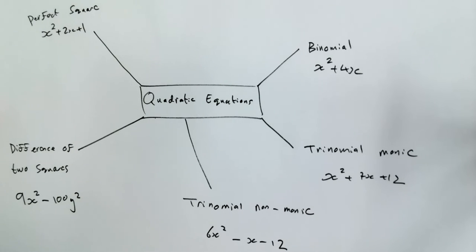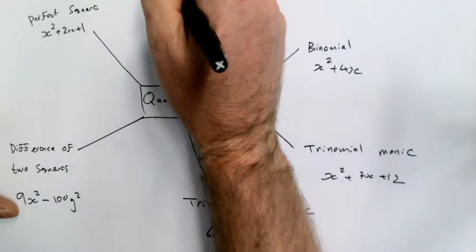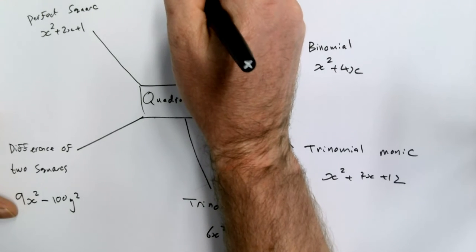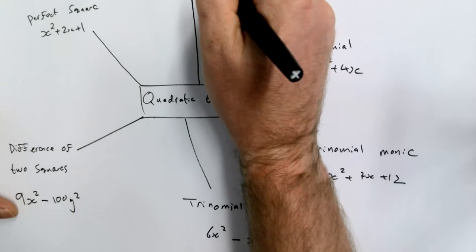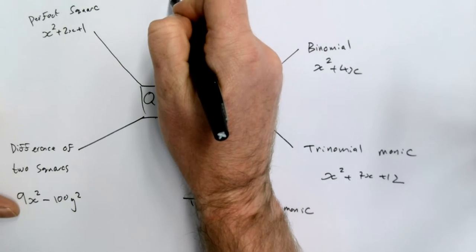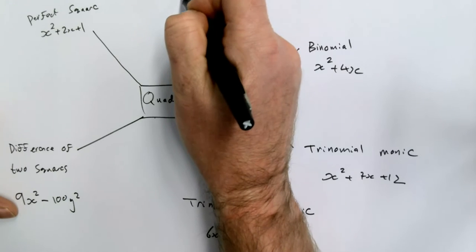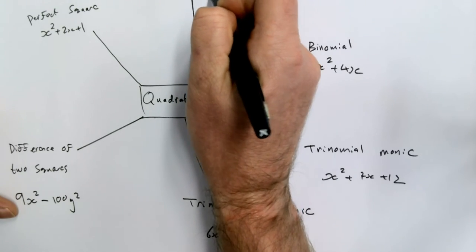And we also have, let's do a hidden one, hidden factor. Let's do, I don't know, x squared minus 2x minus 1.